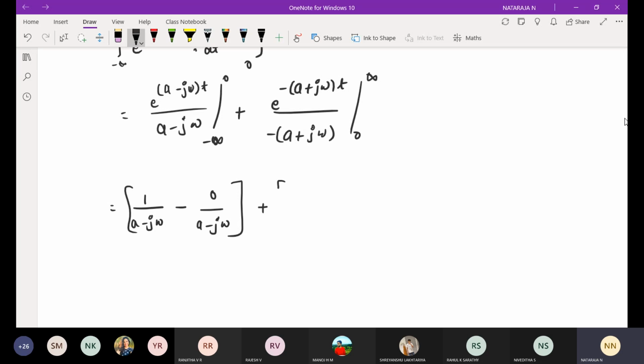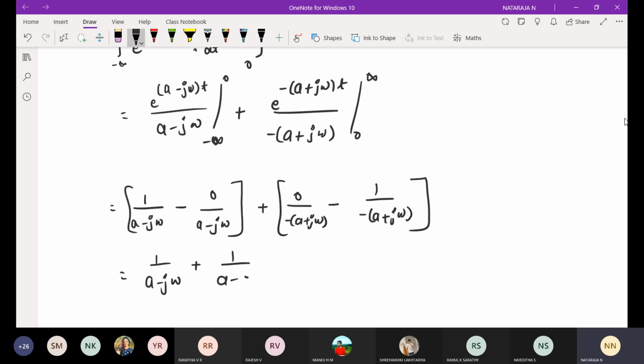For the second term, the upper limit gives 0 divided by minus (a plus j omega), minus the lower limit, which is 1 by minus (a plus j omega). Now this will be 1 by (a minus j omega), and minus into minus becomes plus, so plus 1 by (a plus j omega).